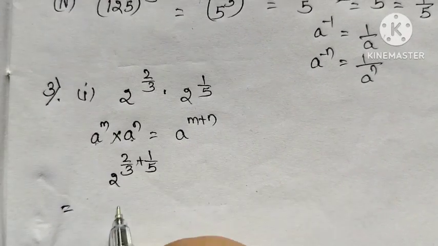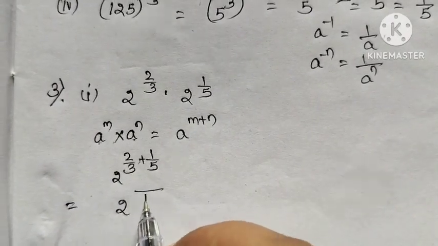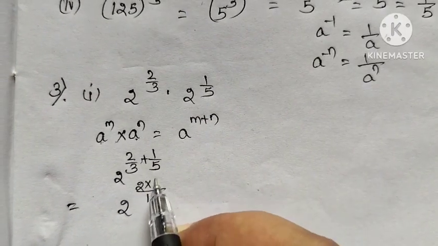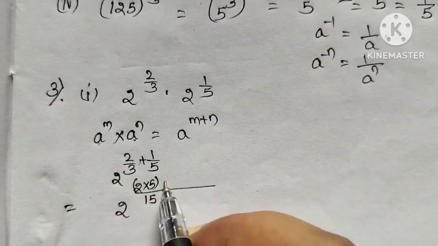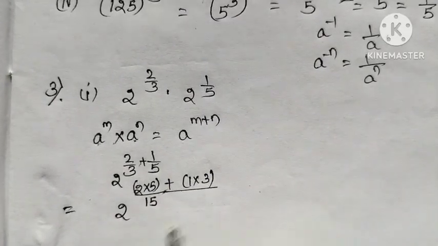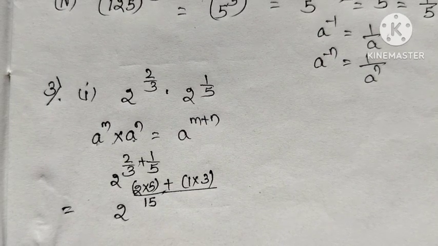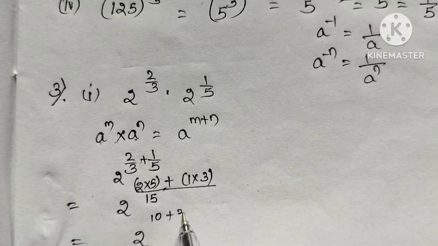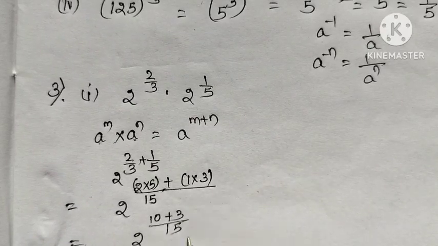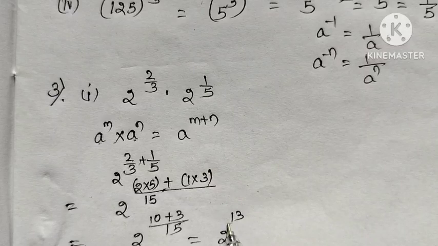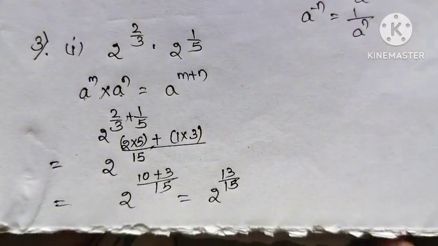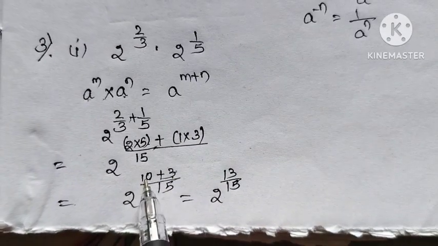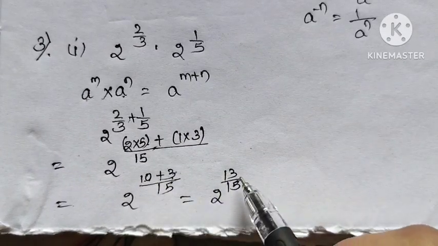What is the LCM? The LCM is 15. 2 into 5 plus 1 into 3, equal to 2 to the power 10 plus 3 by 15, equal to 2 to the power 13 by 15. Because 2 5s are 10, 3 1s are 3, then 10 plus 3 is 13 by 15.